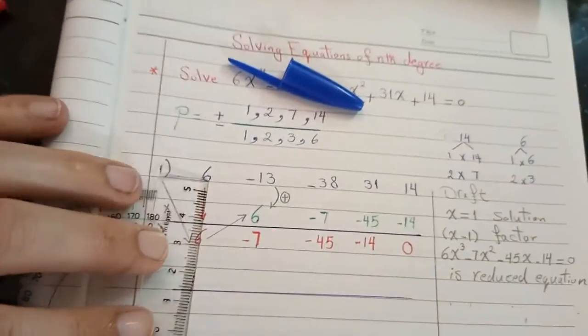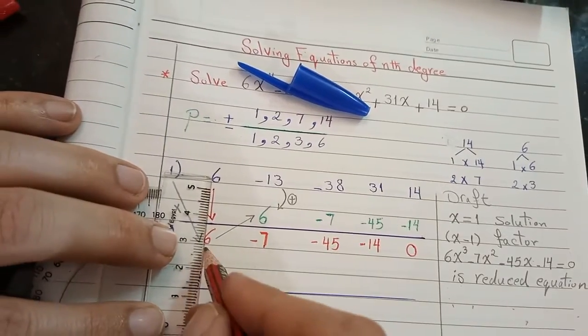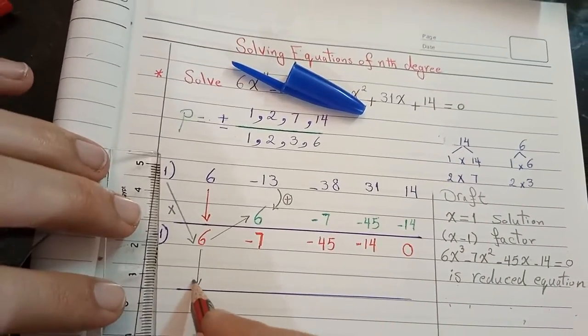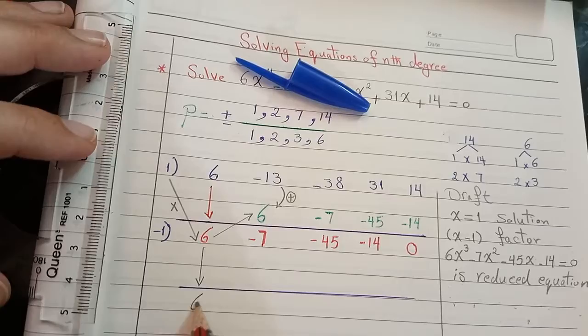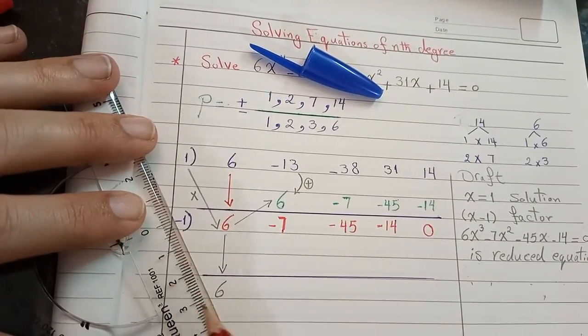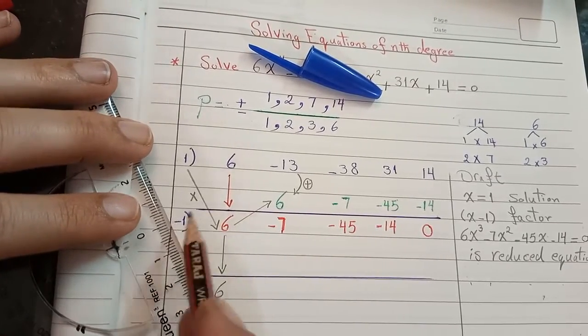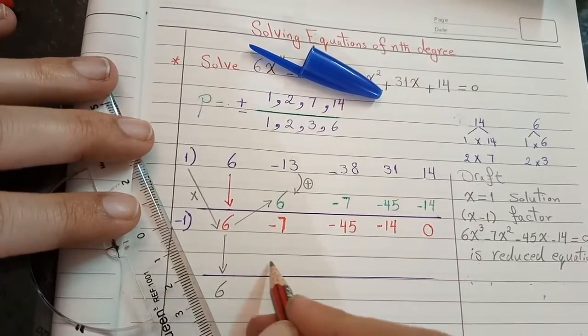Put down the first number, 6. We put it down. Then we multiply the number we are trying by the number we dropped down. -1 times 6 equal -6.